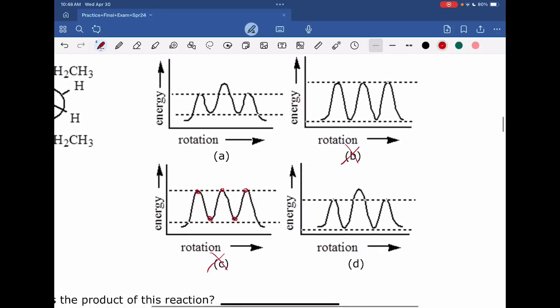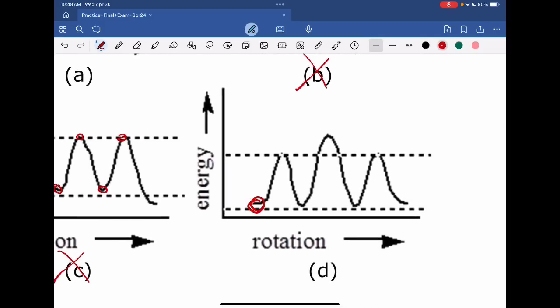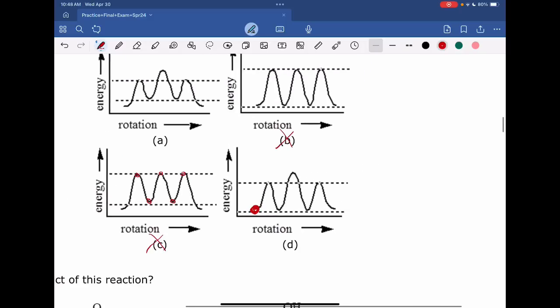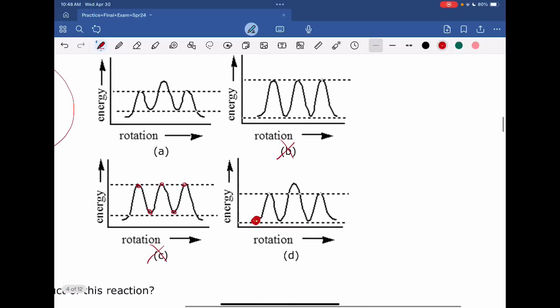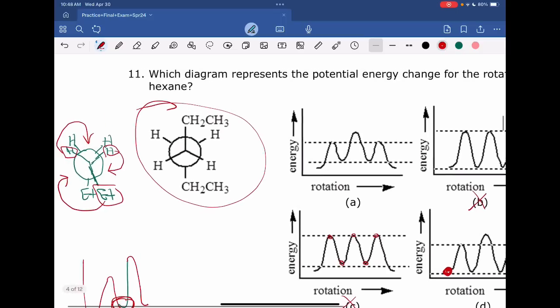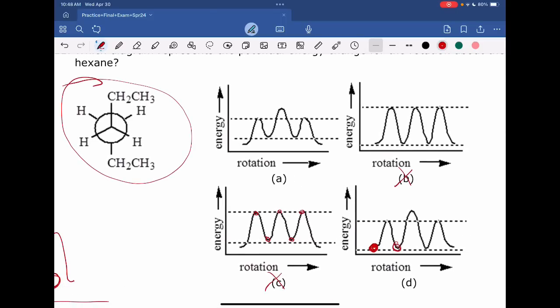And it's gotta be A, because D, they start at the bottom, which would be this. But once they rotate it, you have to go up, because you start anti, but your next local minima, which would be your next staggered conformation, has to be gauche.